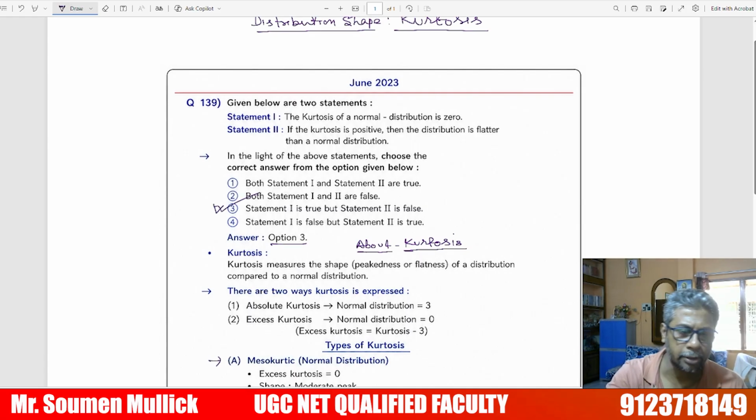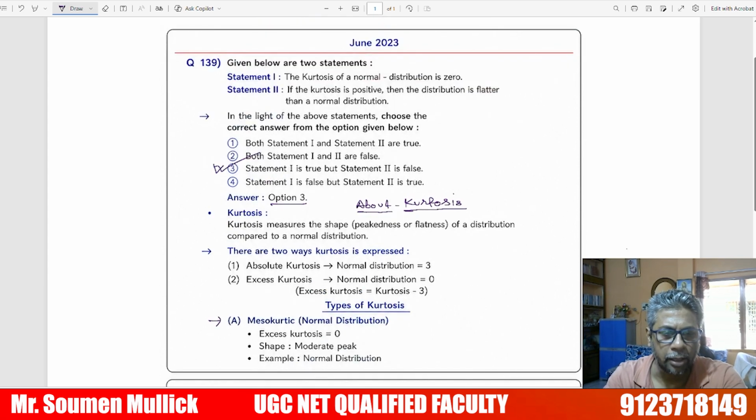Why option number 3? Before that, we have to understand kurtosis. Kurtosis measures the shape, thickness or flatness. This is a very important point. Kurtosis measures the shape of a distribution compared to the normal distribution. There are two ways kurtosis is expressed.